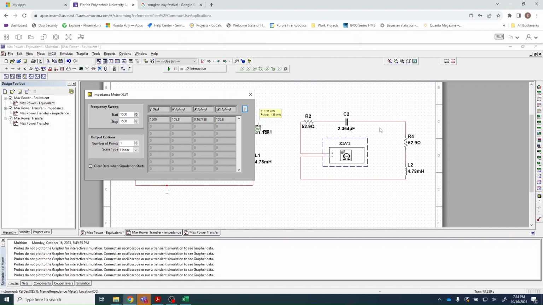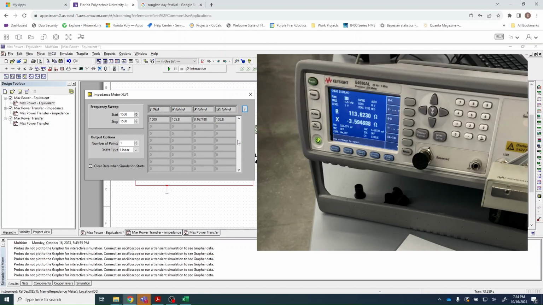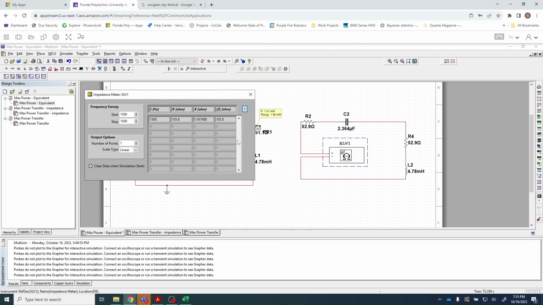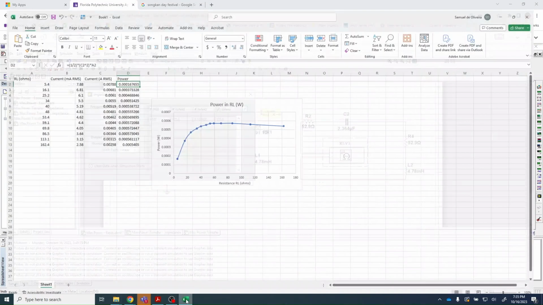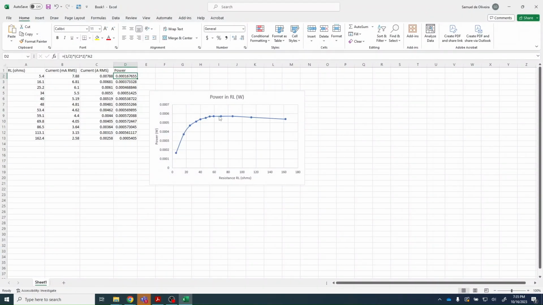But when I actually measured my values on the LCR meter using my real physical circuit, I still had some reactance left over, and it was negative 3.6 ohms of reactance. So we expect to get some offset. And in addition, the resistance from the inductor is going to create a little bit of some issues with the data set, but overall this is pretty good.